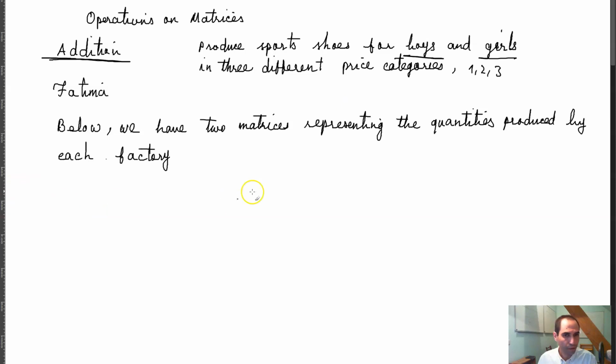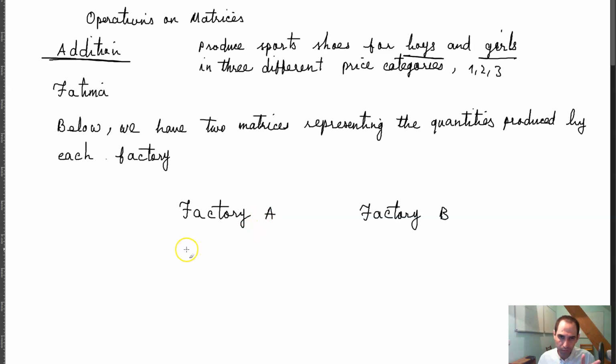So then basically we have factory A, and we have factory B, and then you have the shoes.